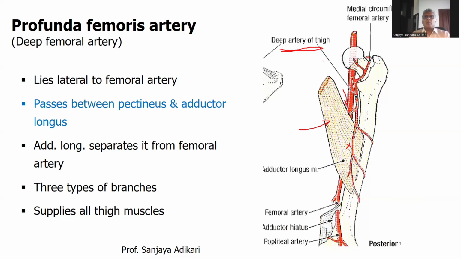The deep femoral artery has three types of branches, not three branches. One is the medial circumflex femoral artery, and the other is the lateral circumflex femoral artery. Then the other ones are perforating arteries: a series of them, first perforating, second perforating, like that.